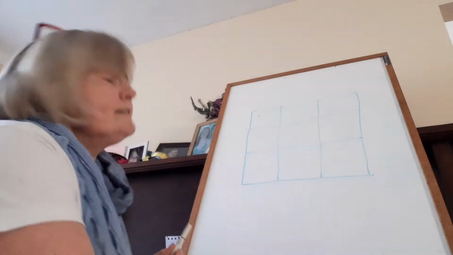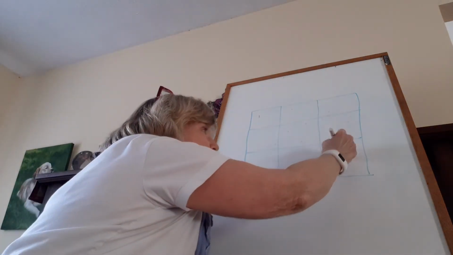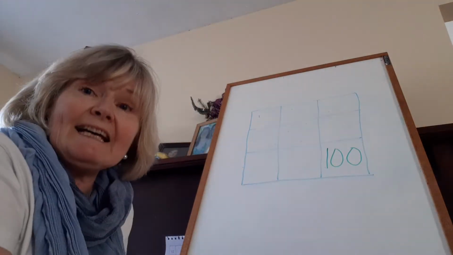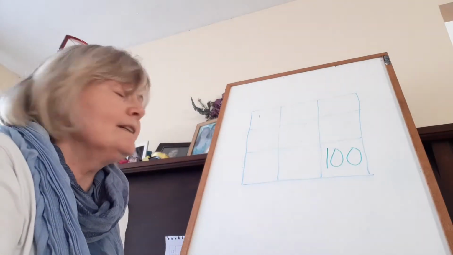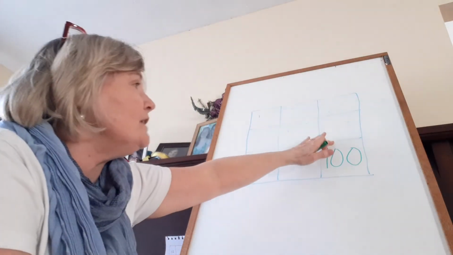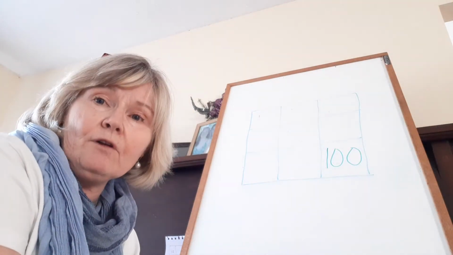Okay, and the number I'm going to give to myself is the number 100. And I'm going to put 100 down in the corner here. It would be the last number on a 100 chart. Now, if I were counting by tens to get to 100, what would the 2 numbers be that came before?